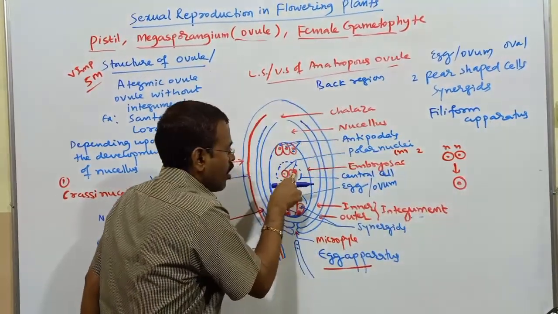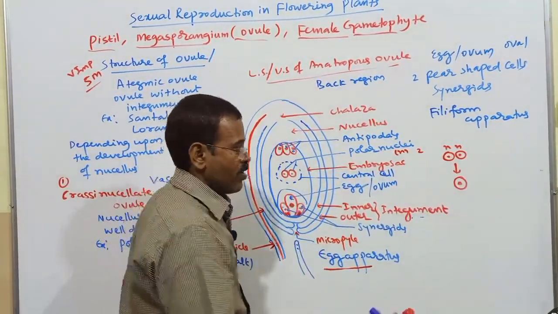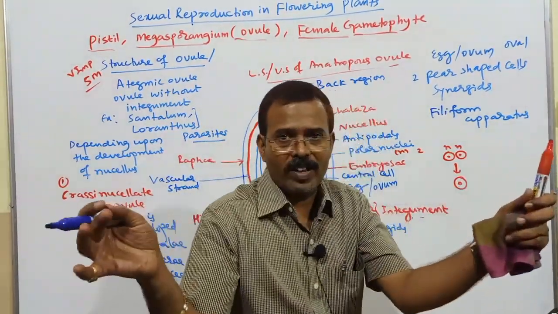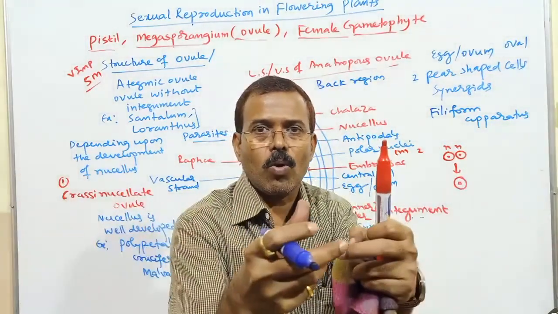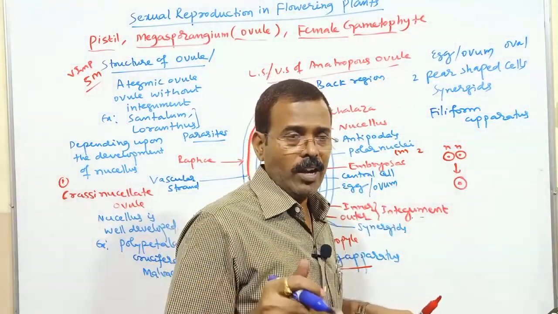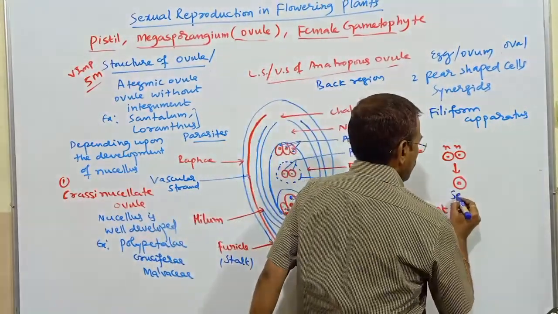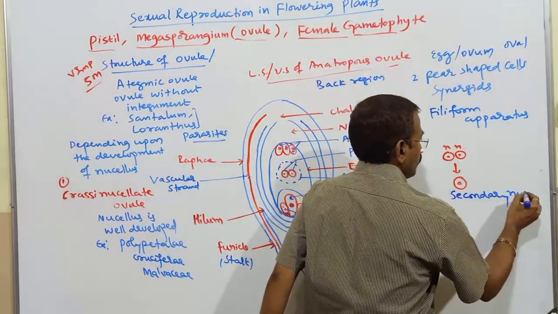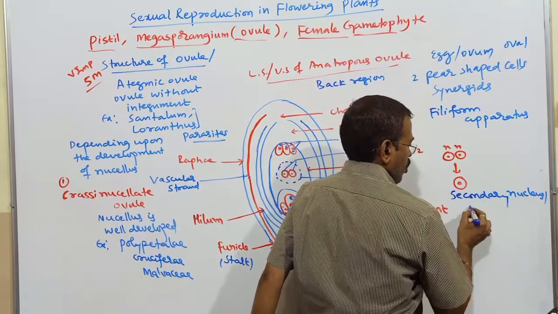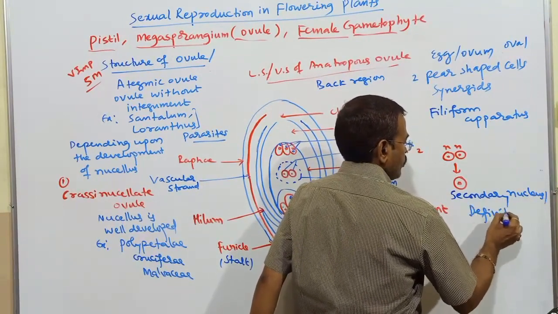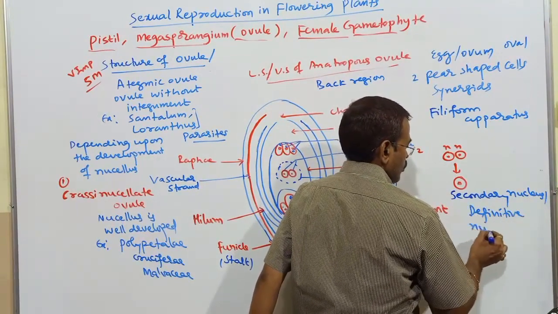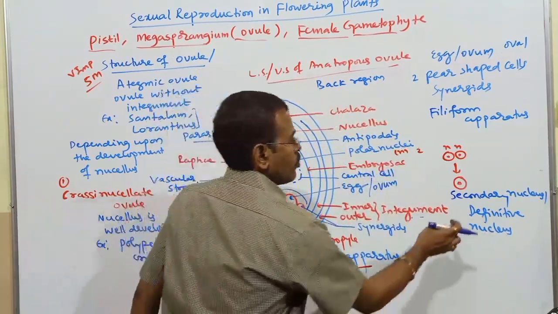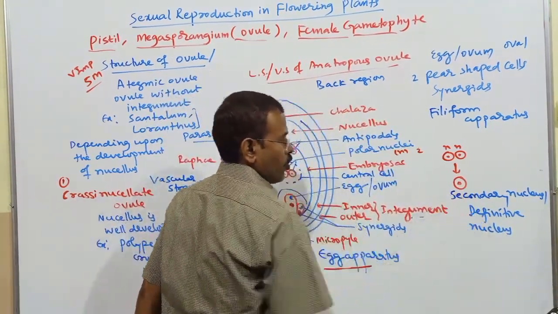This nucleus, formed by the fusion of two haploid polar nuclei just before fertilization, is called the secondary nucleus or definitive nucleus.